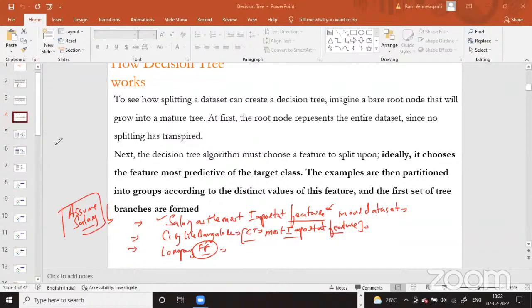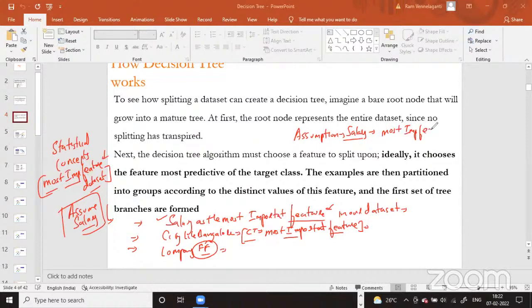We are going to discuss some statistical concepts using which we can identify the most important feature in our data set. So for now, go with the assumption that salary is the most important feature.